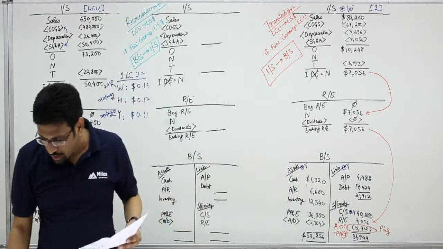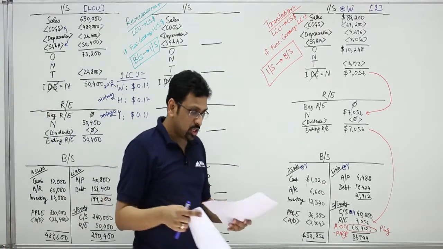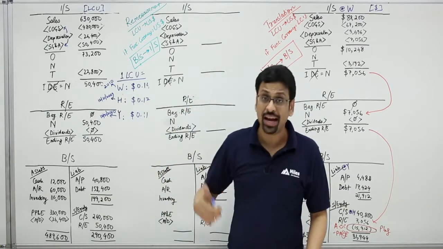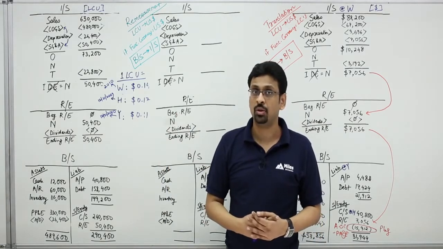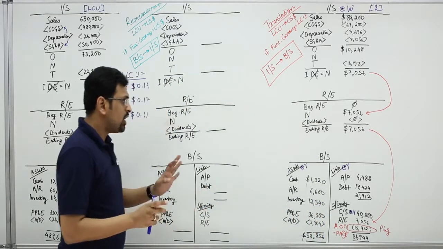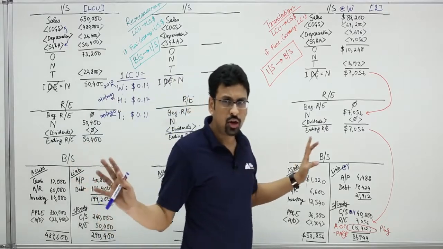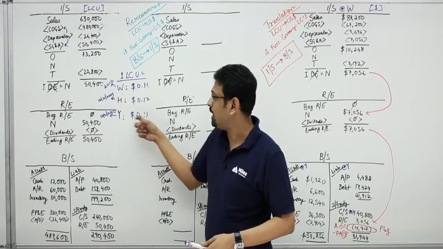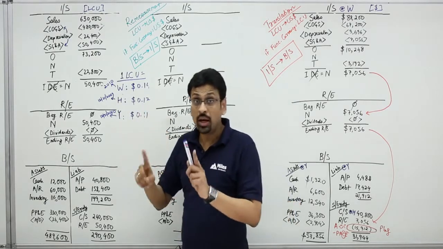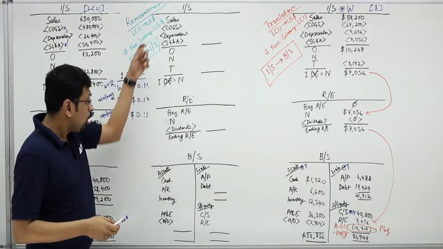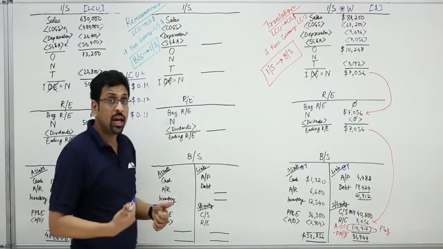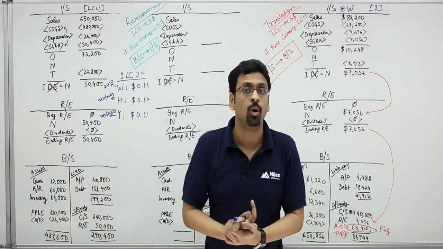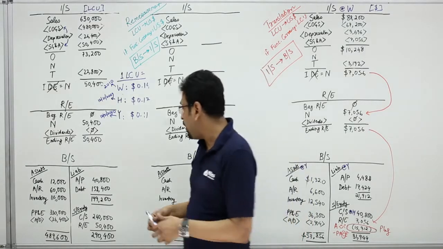Now, when you're doing remeasurement on your balance sheet, you first need to divide the items into monetary items and non-monetary items. Guys, in translation, there was no monetary, non-monetary. All your assets, all your liabilities were at the year-end exchange rate. Now, in case of remeasurement, on your balance sheet, first you need to look at whether the assets and liabilities are monetary or non-monetary.